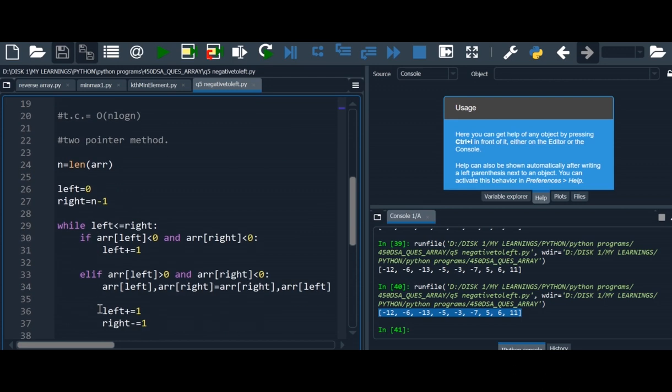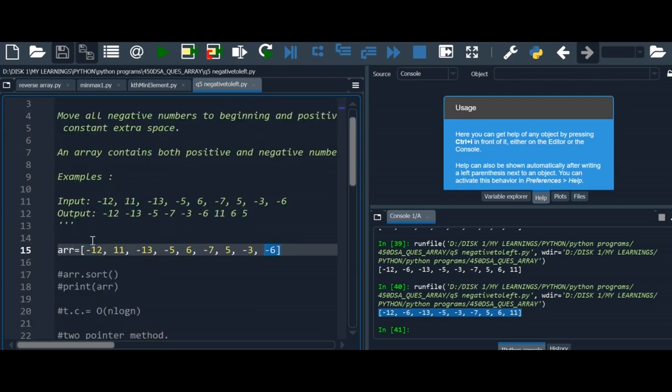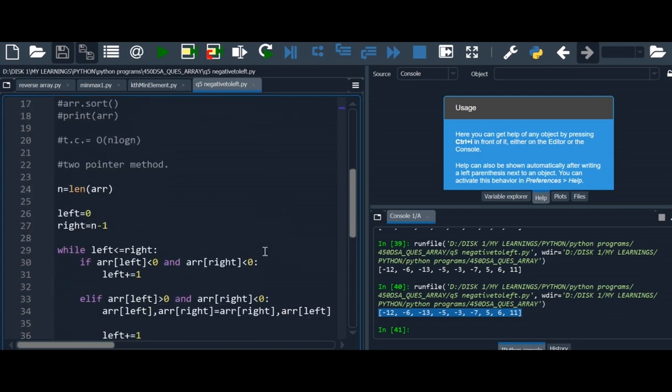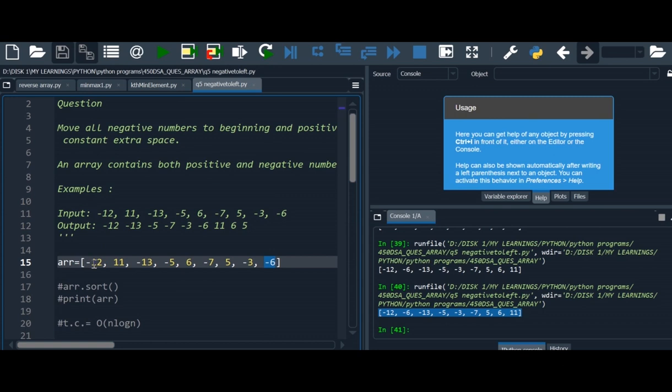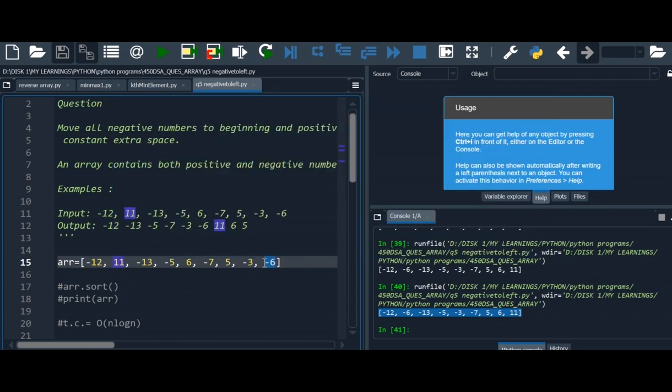For starting, the values at left and right index are minus 12 and minus 6, which means both are negative. So we can't swap them; there will be no benefit of doing so. We will just increase the left index by 1, and the right will remain the same at minus 6.